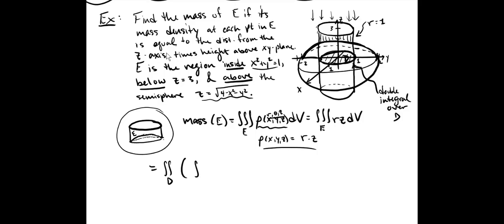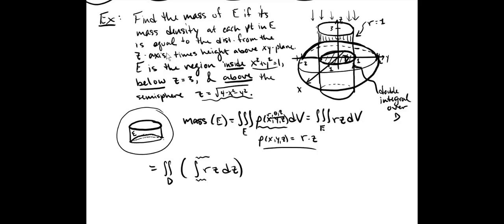And then inside of that, well, D is in the xy plane, so we still have z integration to take care of. Let's integrate r z dz, the z integration inside of that. Notice this should go from the lower bounding surface to the upper bounding surface in that footprint.